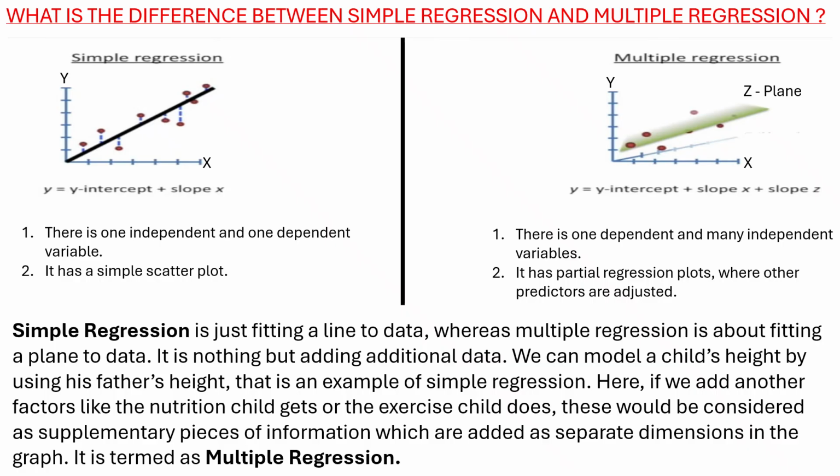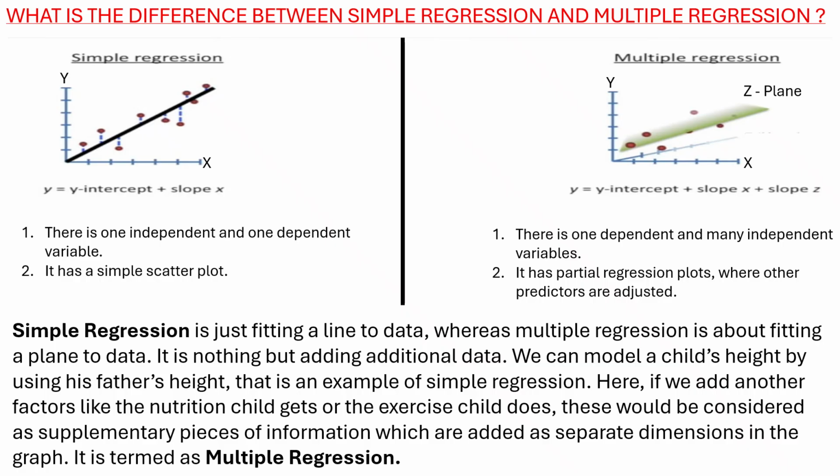Whereas in case of multiple regression, there is one dependent and multiple independent variables, and those multiple independent variables have further correlations between themselves, and this combined effect further predicts if the dependent variable will regress or will not regress.